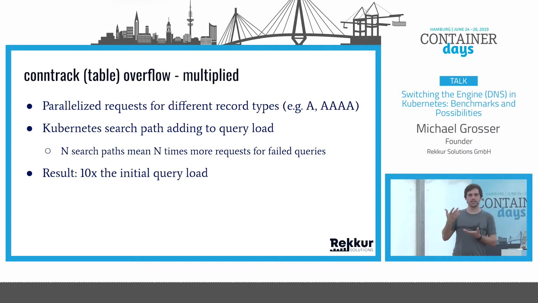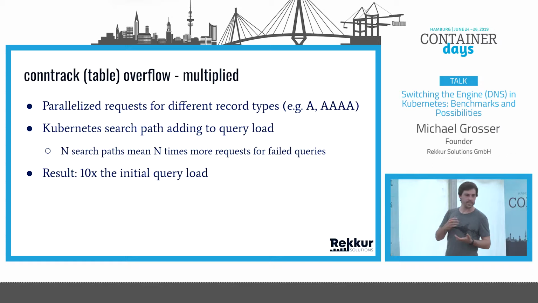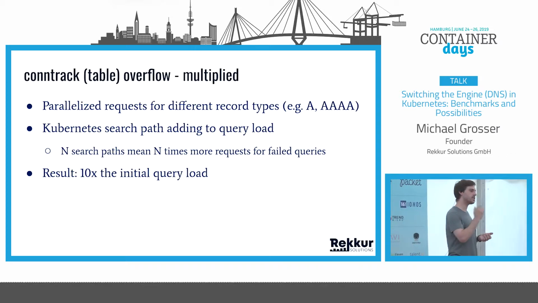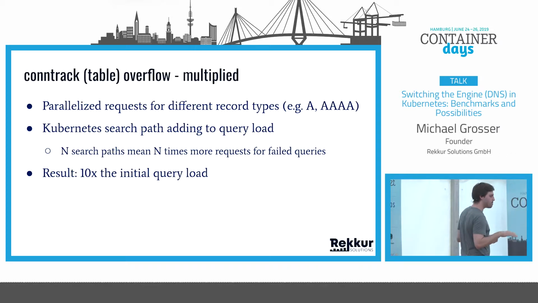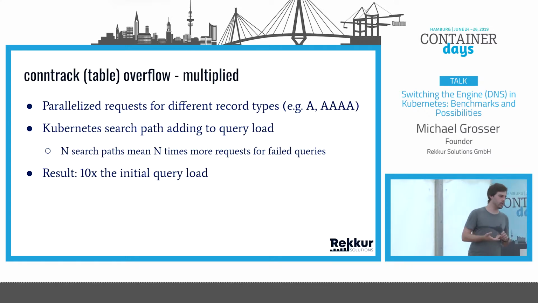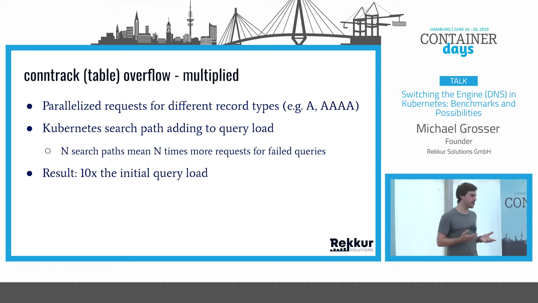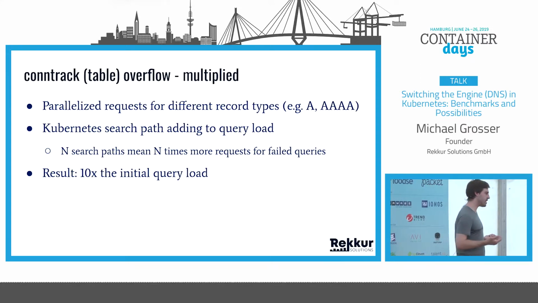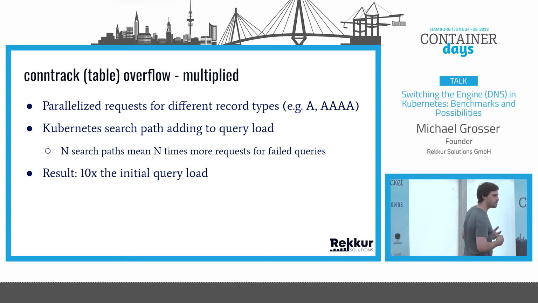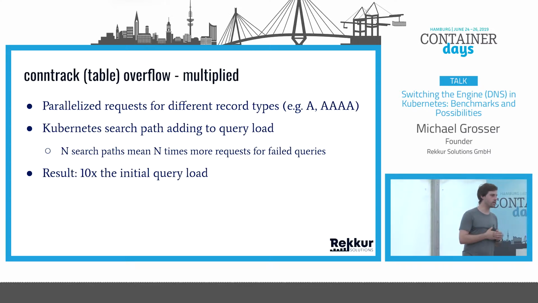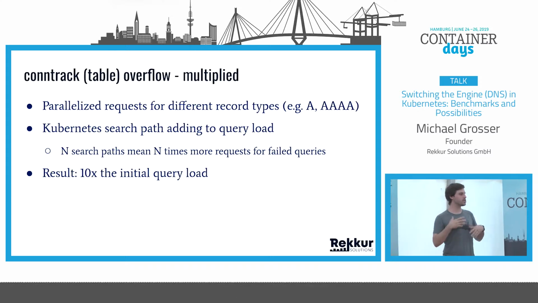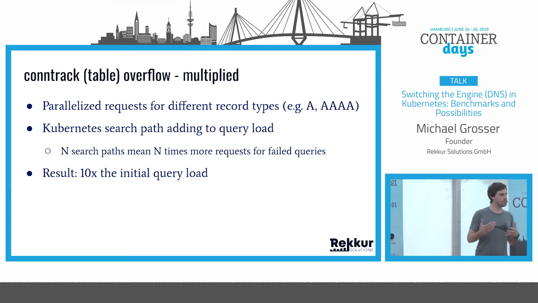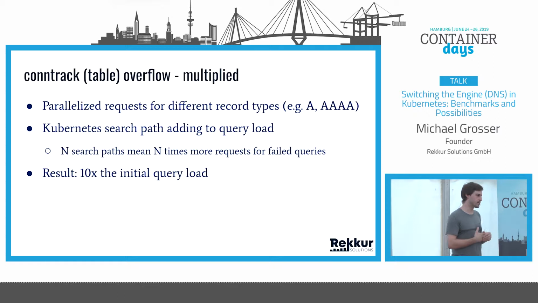The default search path in Kubernetes is really horrible. It tries a lot of combinations, so that most likely 10x's your load on a normal application. That makes it easier to run into network issues, and it fills up the table even faster. And we can't really change it because a lot of the applications out there in Kubernetes rely on the search path. So we don't have the ability in Kubernetes itself to optimize the search path later on.